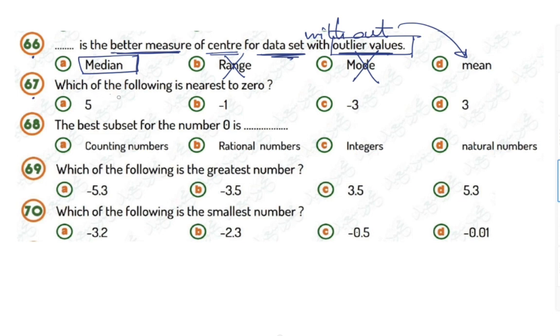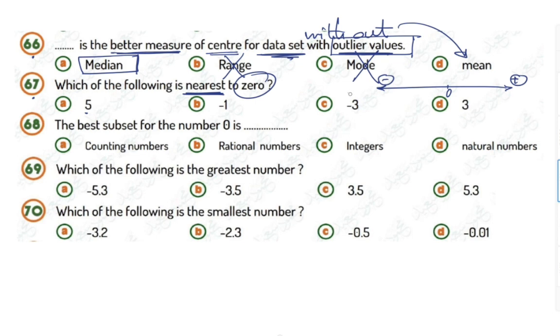67. Which of the following is nearest to 0? Okay, nearest, so close, to what? To 0. Of course, you know about the number line. You have 0, and a positive direction and a negative direction. Look here, 5. 5 is far from 0, 5 steps. Negative 1, 1 step.